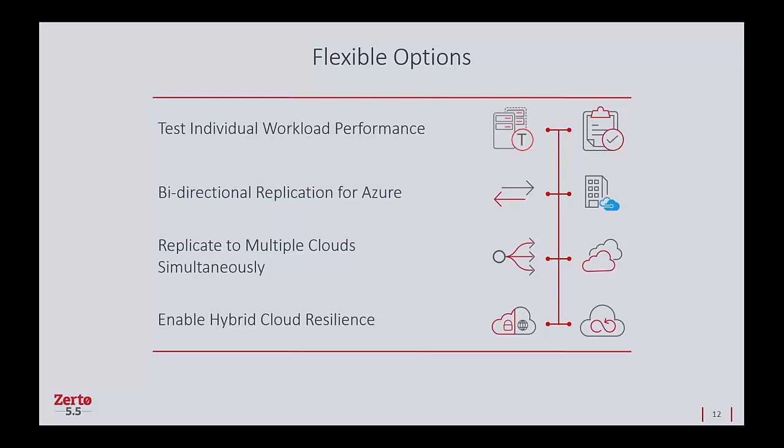And really this all contributes to enabling real true hybrid cloud resilience. Resilience is all about being protected while still being agile enough to adapt to changes, be it within the market or the industry.